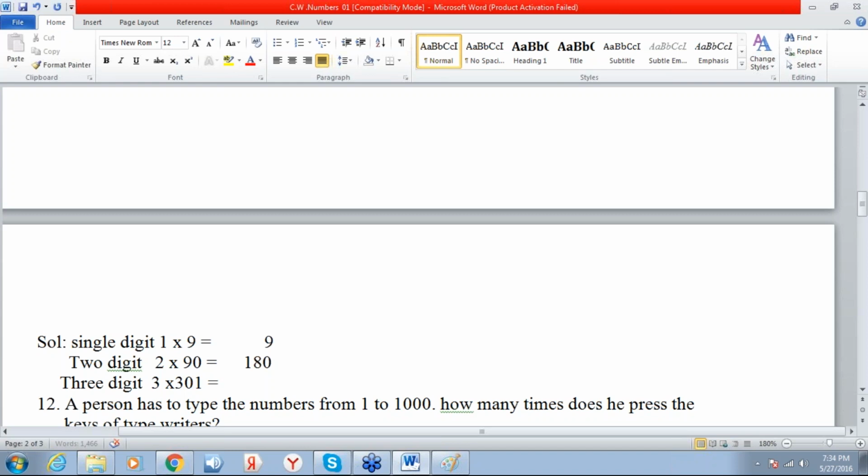Okay. So 903 digits are used for three digit numbers.